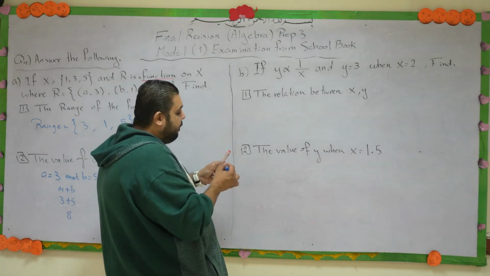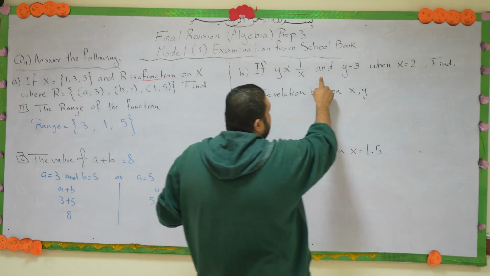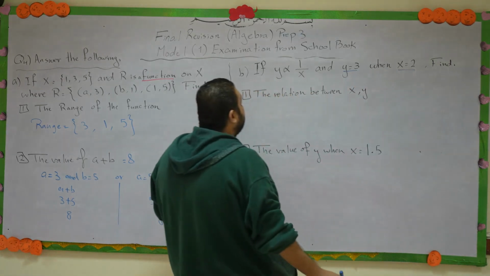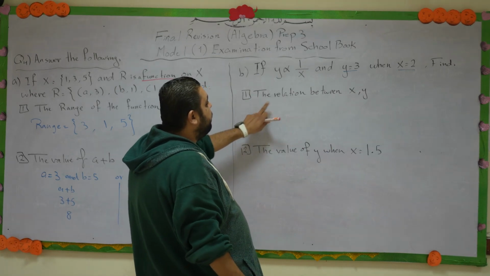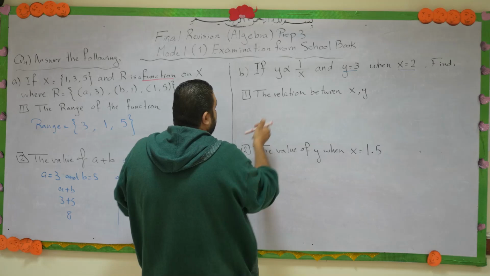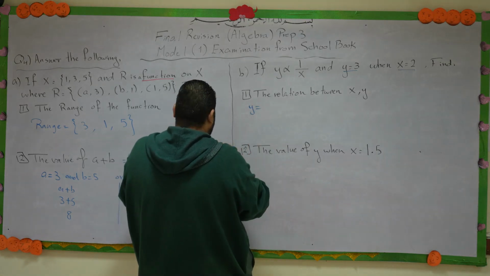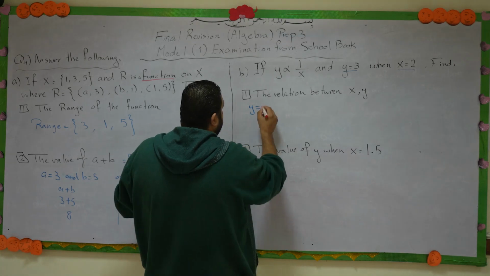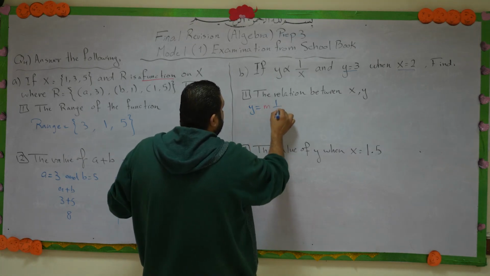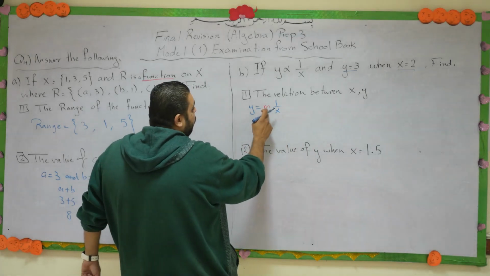B, if y varies inversely with x and y equals 3 when x equals 2, find the relation between x and y. We know that the rule of the variation is y equals m times 1 over x, and m is called the constant of variation. We need to get this m.